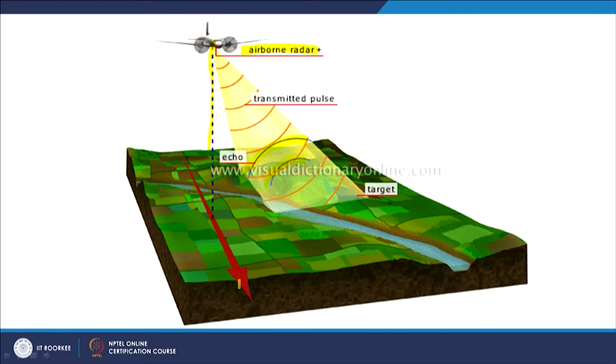So first it sends the signal in an oblique, slanting direction, and then when the energy is back scattered, these echo signals go towards the satellite or aircraft, and by that time the aircraft will have reached there, so it will collect them.